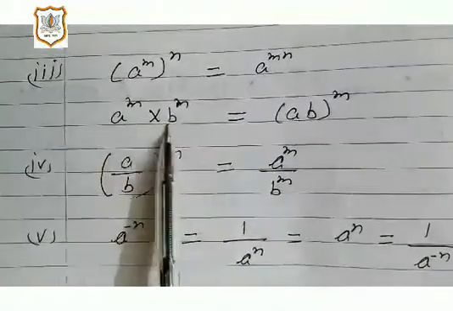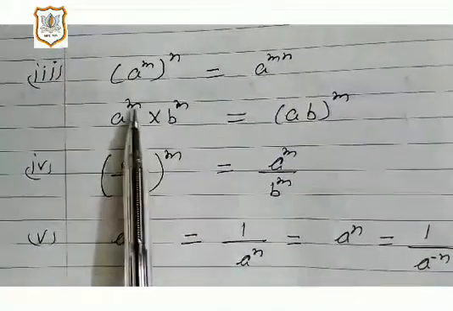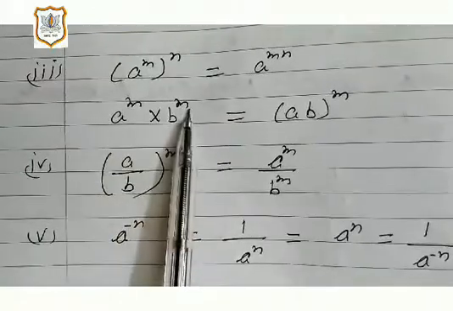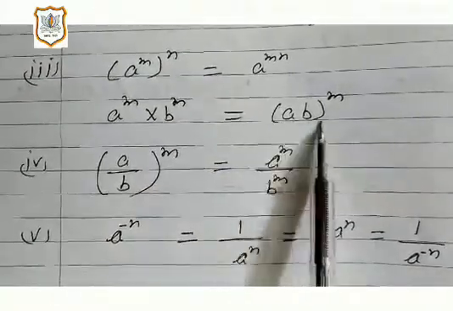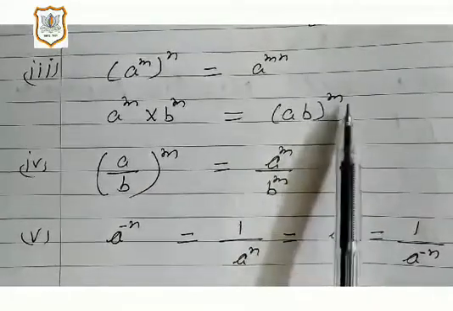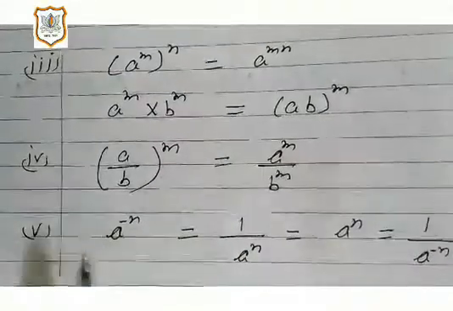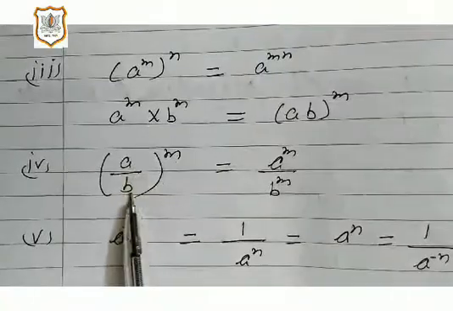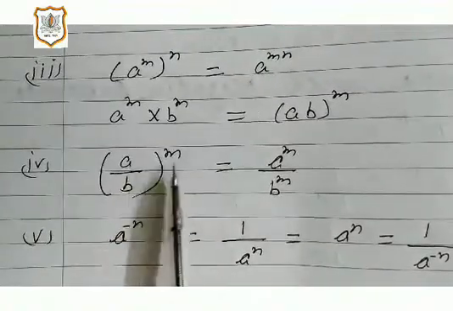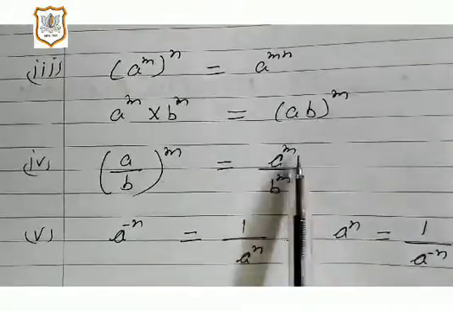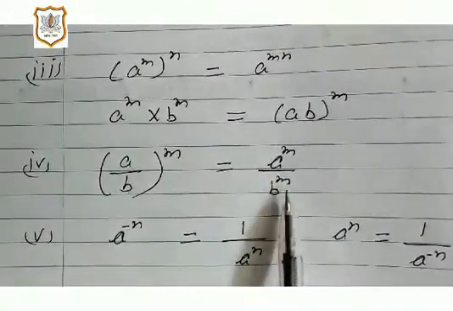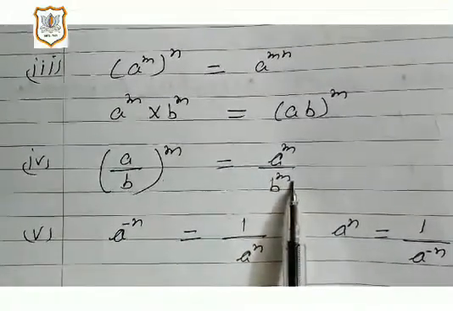Here bases are different but exponents are same. So we write ab in bracket and raised to the power m. Next, a upon b raised to the power m is equal to a raised to the power m upon b raised to the power m.